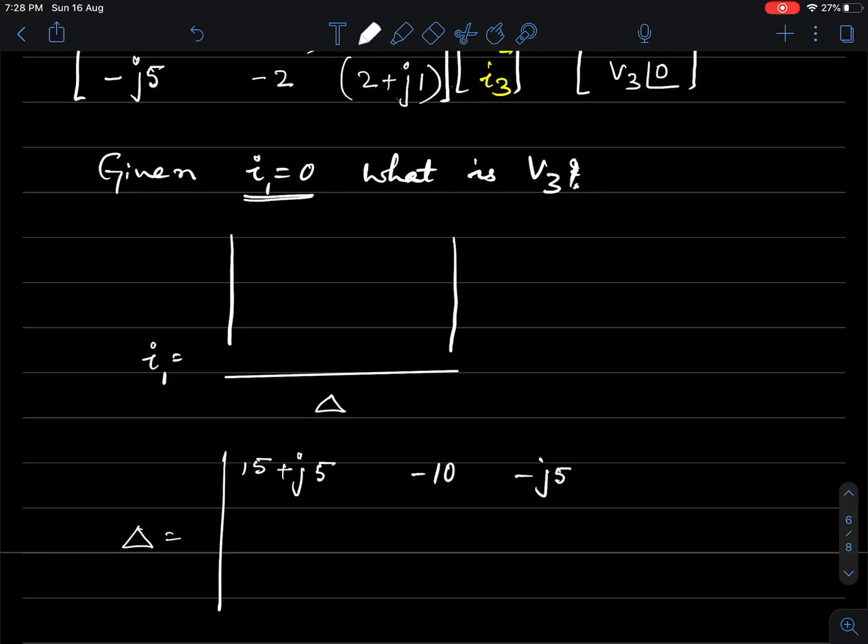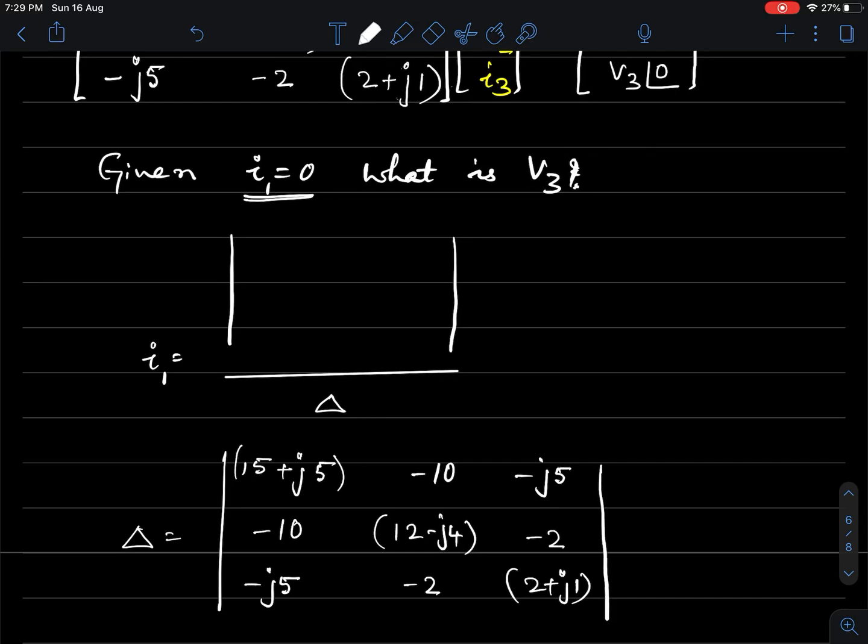And this is again minus 10, this is 12 minus J4, we have these values above. And this is minus 2, this is minus J5, this is minus 2, this is 2 plus J1. This is our delta determinant.